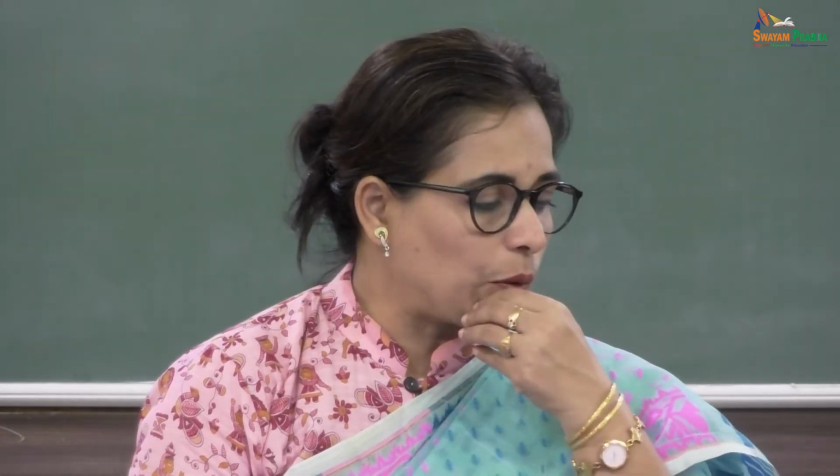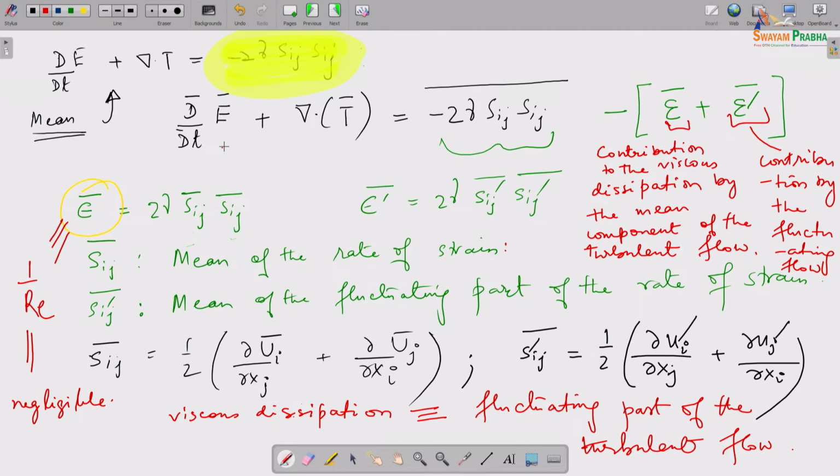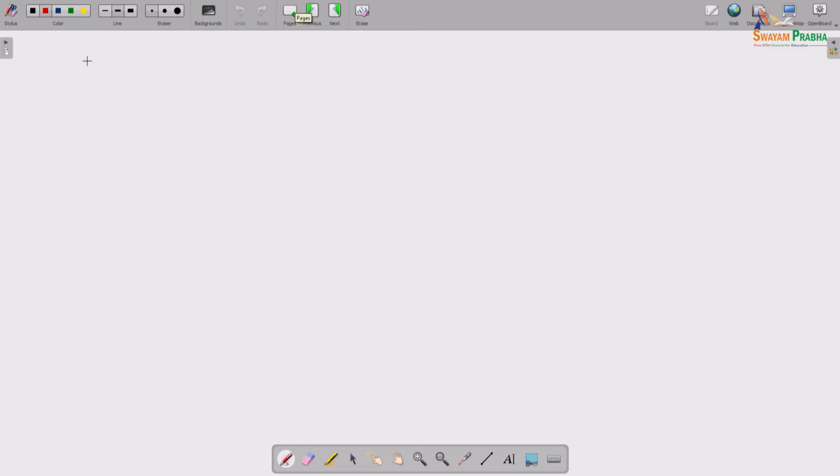Now, the next thing we had spoken about is the production. Now we took that equation and we wrote it. So the same equation that we just saw, when I write it like this, the mean equation. Okay, so now let's take this equation here.